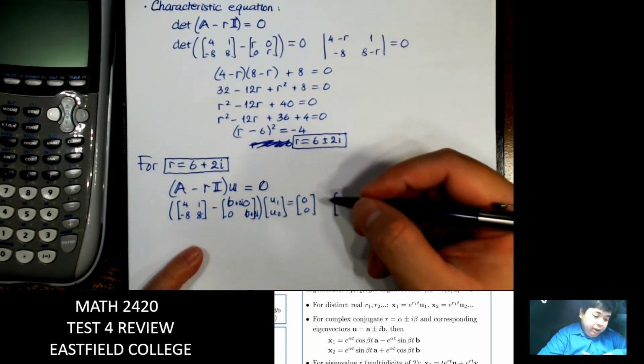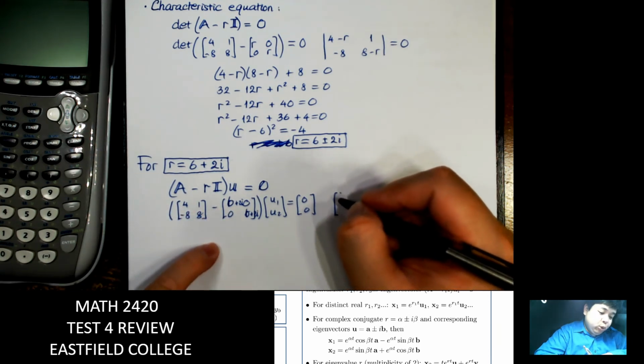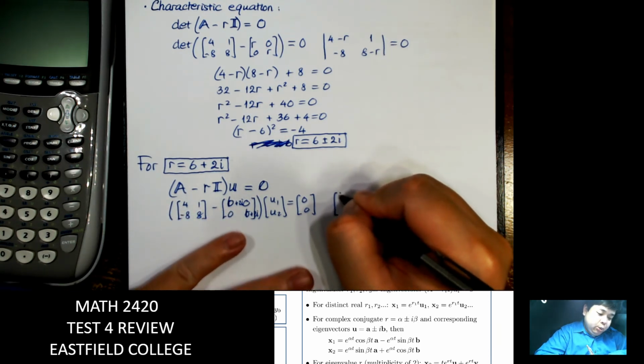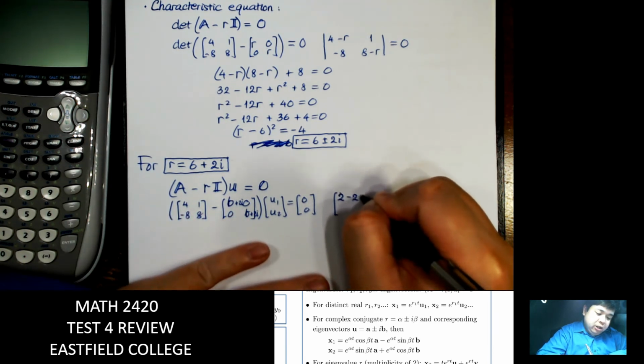Right. Now we have 4 minus 6 plus 2i, which is 2 minus 2i, and 1.